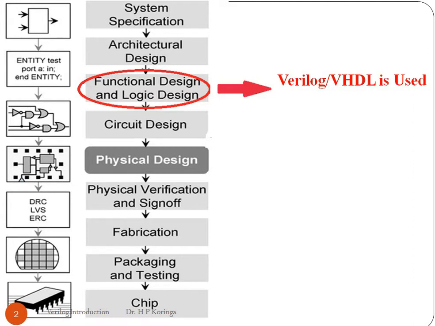The system specification is converted into the architectural design in different blocks. Then the architectural design has to be converted into the logic design, where Verilog or VHDL is used to convert the architecture design into a program, using a hardware description language. There are two hardware description languages used to convert the digital architecture into a program. One is Verilog hardware description language and another is VHDL.